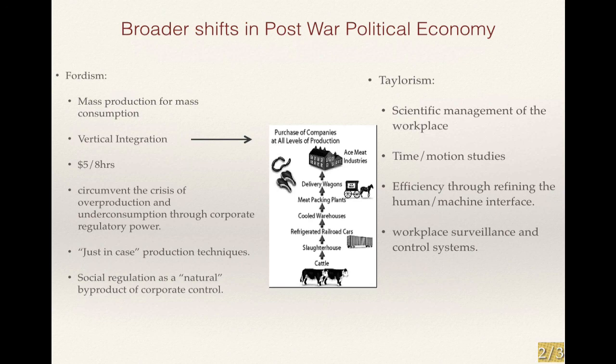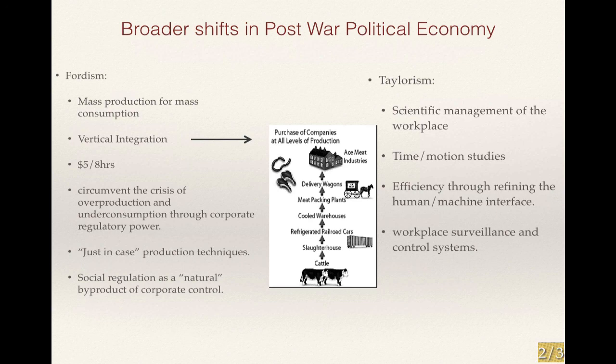Workers, in Ford's thinking, should be able to buy the products they're making. Just in case, production techniques include things like warehousing, in other words, having a lot of material on hand to be able to increase production at a moment's notice without having to get involved in quickly sourcing materials from far away.